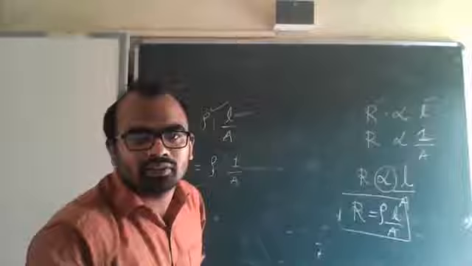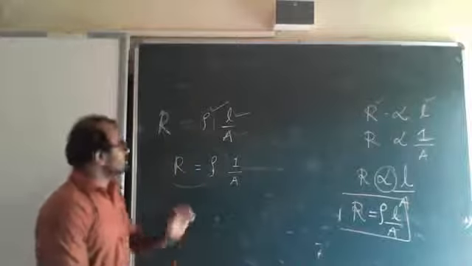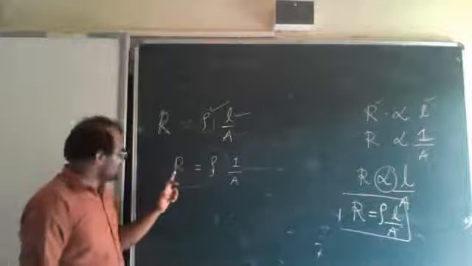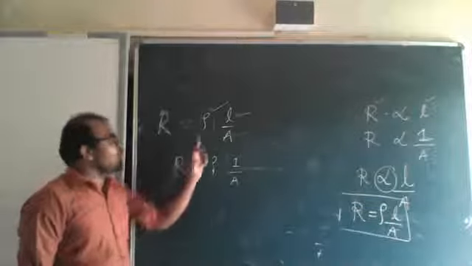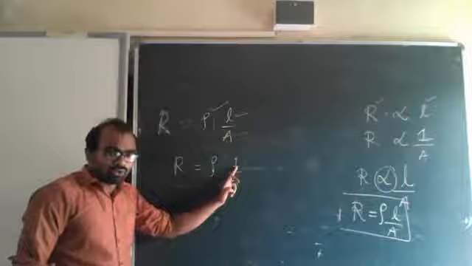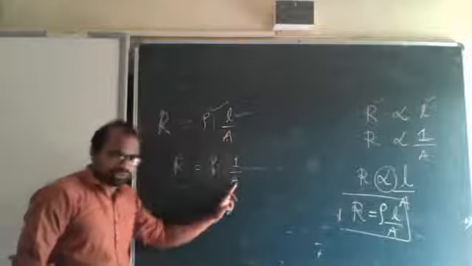Now we will define this. Resistivity is nothing but the resistance of a material whose length is 1 unit and the area of cross section is 1 unit.